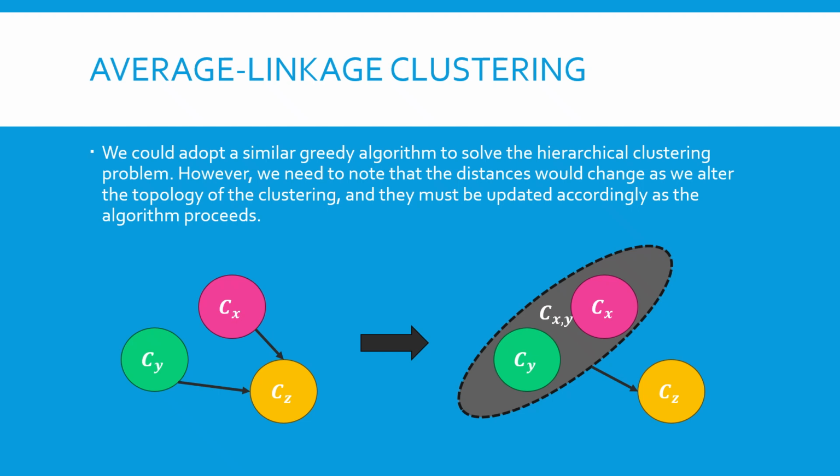For example, suppose we have three clusters, Cx, Cy, and Cz, and we already know the average-linkage spacings S(Cx, Cz) and S(Cy, Cz). After we merge Cx and Cy into a new cluster Cxy, the spacing between Cxy and Cz becomes unknown.